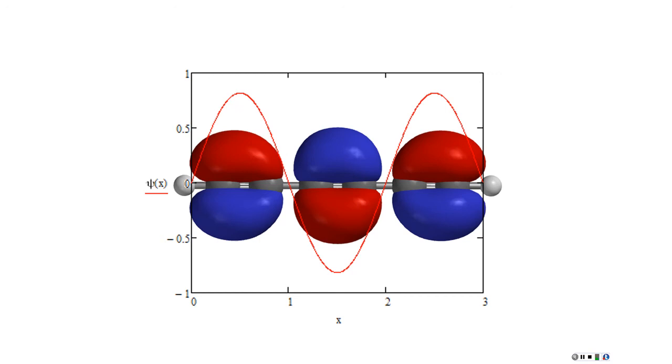There's a wave function. That's the n equals 3 wave function. And you can see if I look at the red lobes, it tracks very nicely the particle in a box wave function, with the ends of the box being at the ends of my molecule here. So that's the model we're going to use for this system.